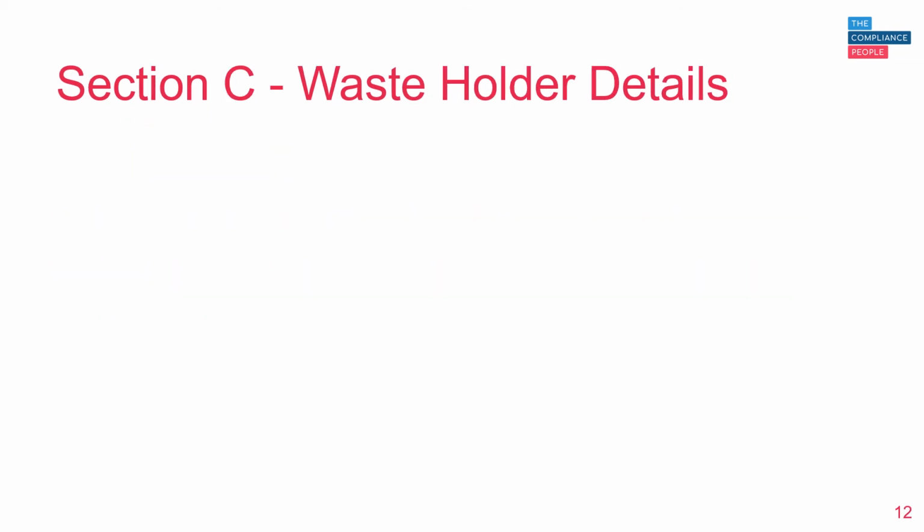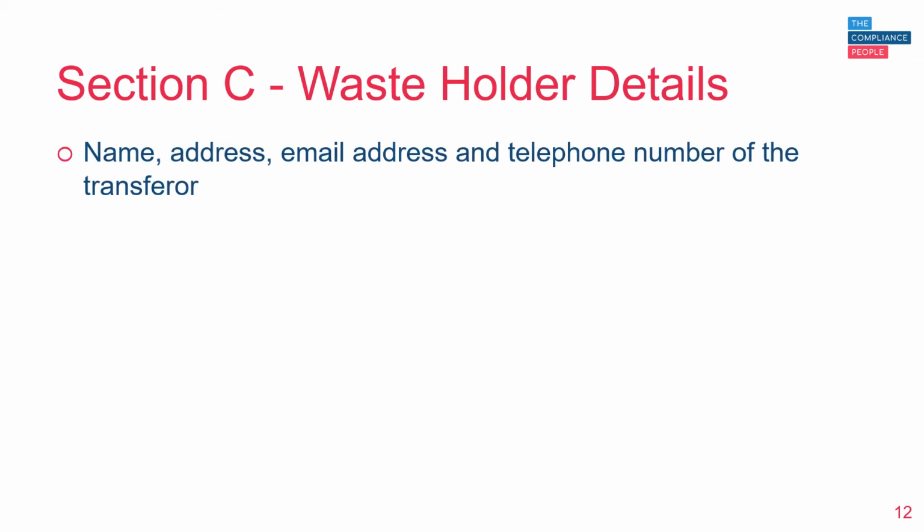We'll move on to section C now, and this is about the waste holder, so we need to record their details in this section. We need the name, address, email address and telephone number of the transferor.